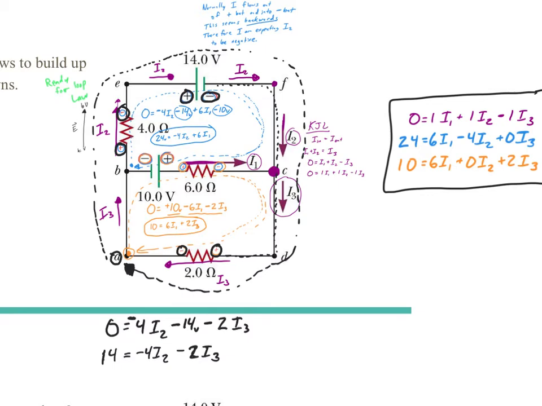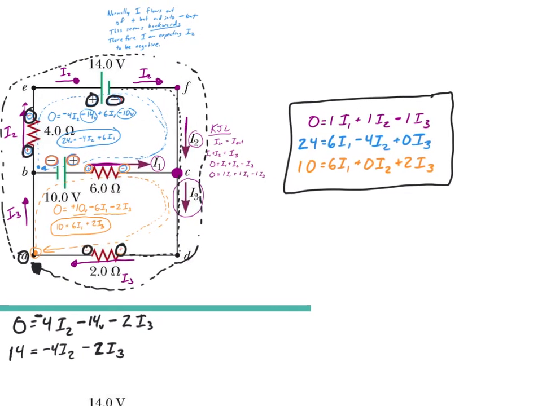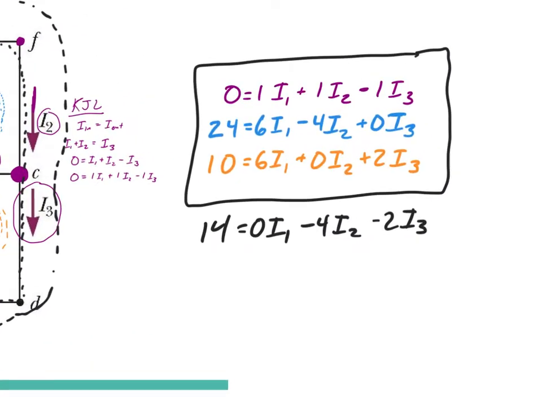And I'm going to write that underneath the other ones. 14 is equal to, there's no I1 term. We've got a negative 4I2 and negative 2I3. That looks really similar to the blue and the orange equations.